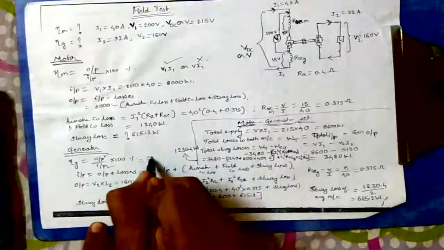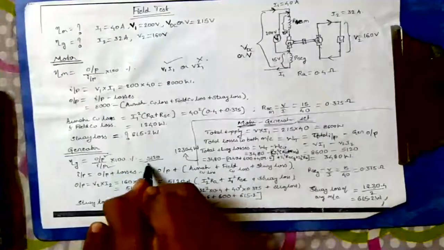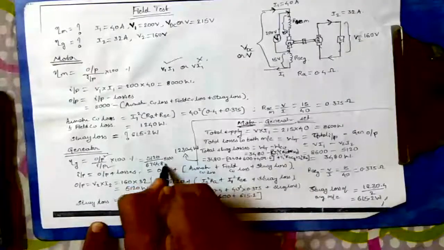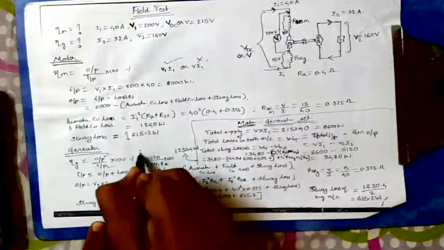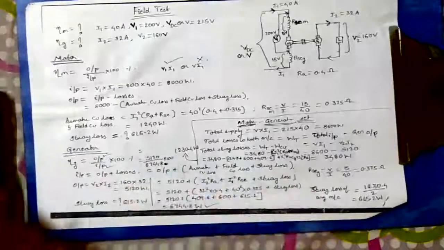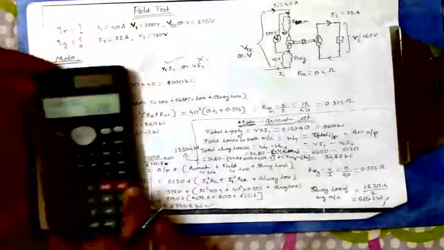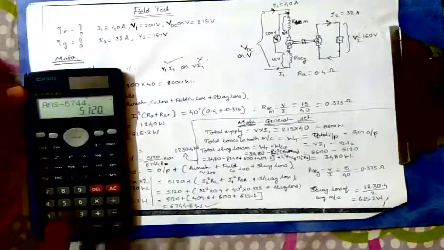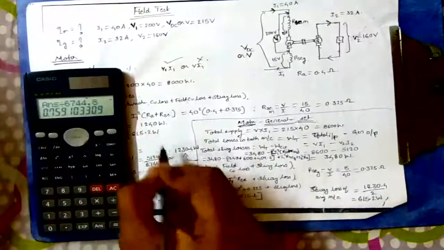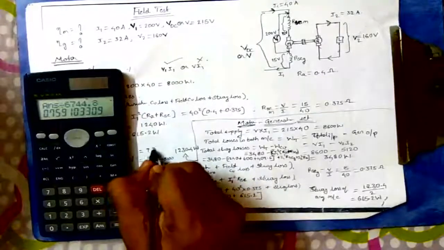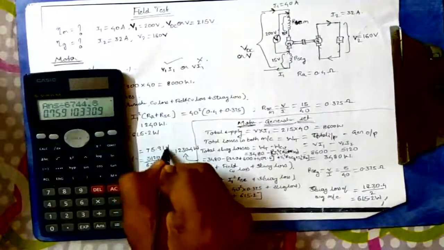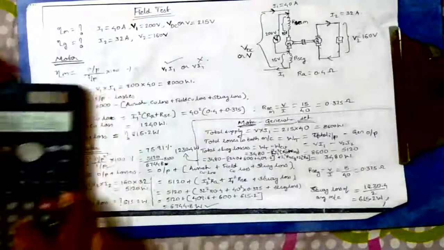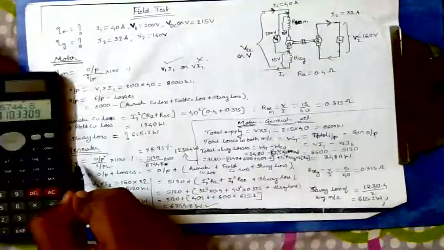It was 5120 by 6744.8 into 100, which results in 75.91. 75.91 percent is the efficiency of the generator.